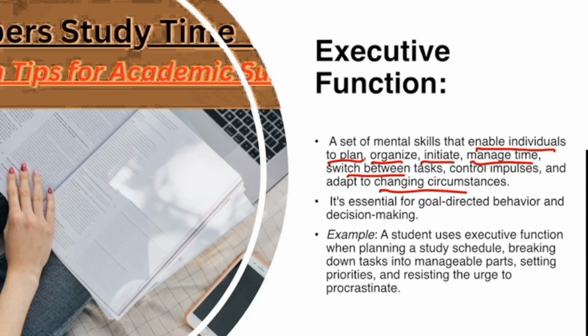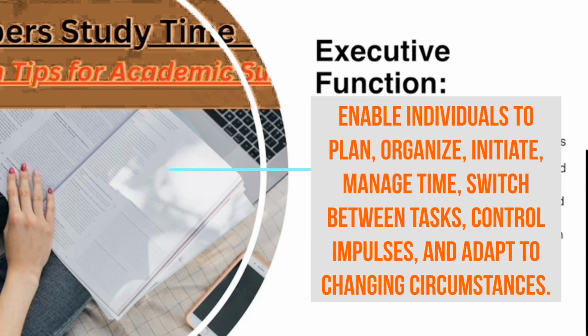So this is essentially goal-directed behavior, and you are making some decision. A typical example is a student planning a study schedule. You break down tasks into manageable parts, set priorities, and resist the urge to procrastinate.